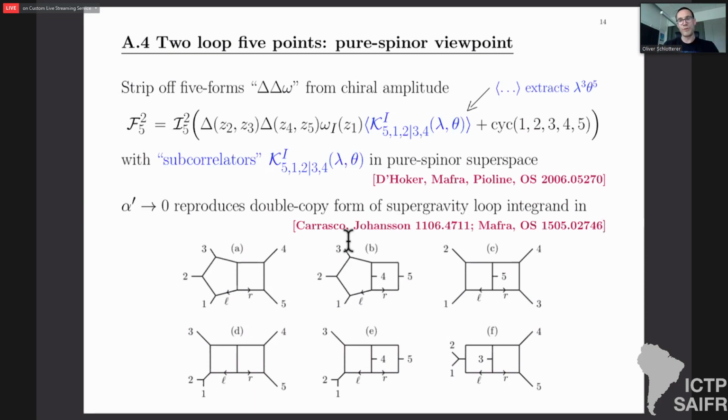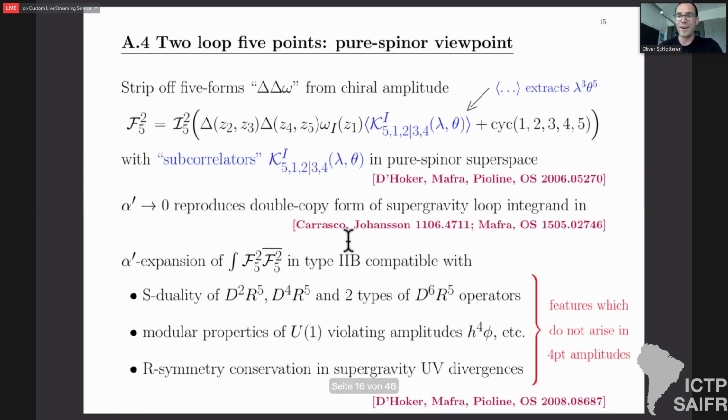Okay, so the supergravity limit is one of the many checks, but needless to say, our chiral amplitude is supposed to get the alpha prime corrections correct. It's supposed to work as far as you have the power to alpha prime expand the integrals. And specifically, we have tested the subleading orders in alpha prime to play out nicely with S-duality of the type 2b superstrings.